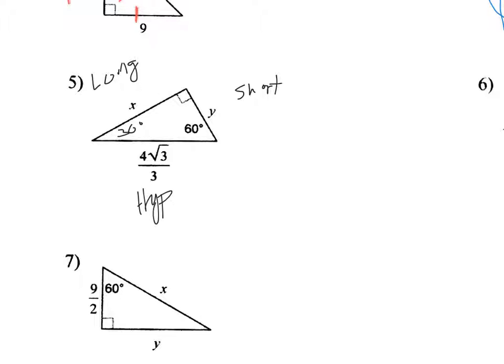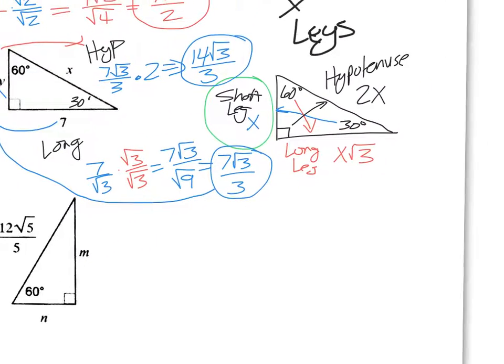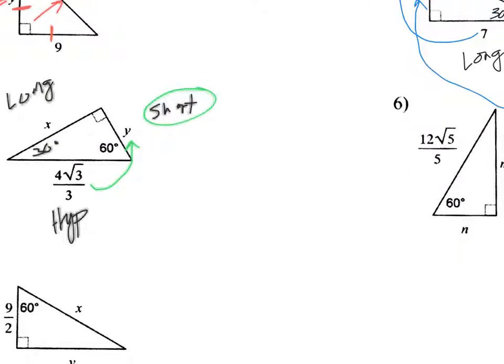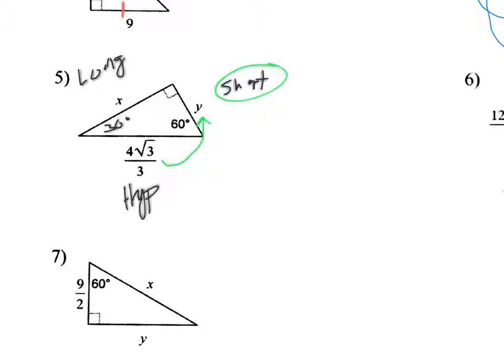Okay, so again, what do you want to find first? You always want to find the short leg first. So how do you get from hypotenuse to the short leg? Well, let's go back over here. When I'm dealing with the hypotenuse, I'm using the value of 2, so I have to divide by 2. I hope you're listening to this and not just watching it, because you've got to hear these words.